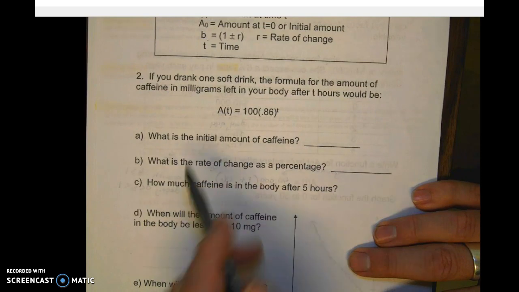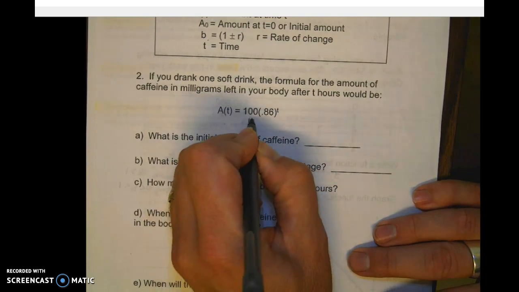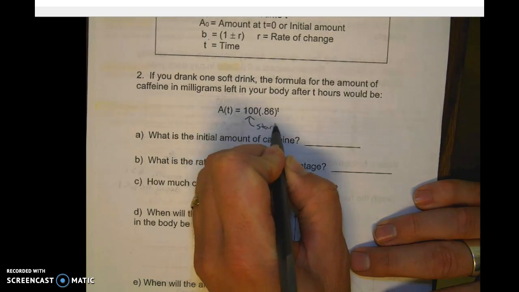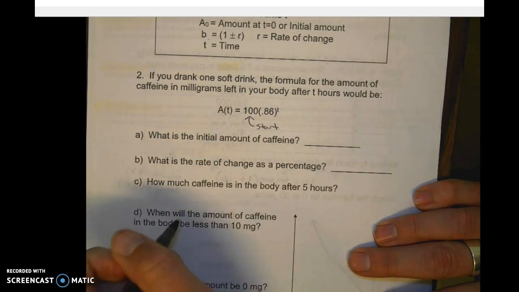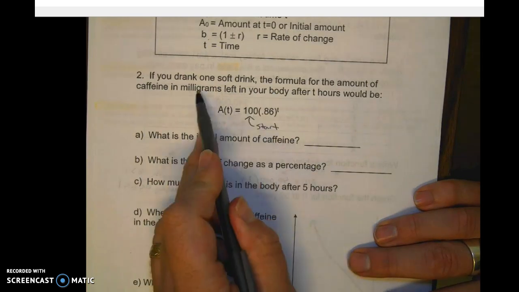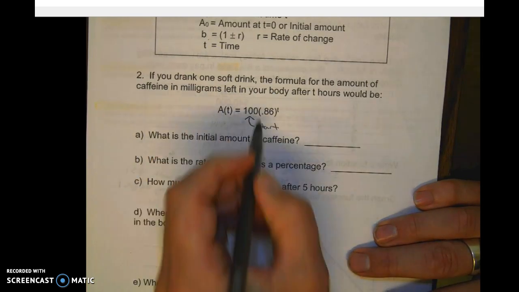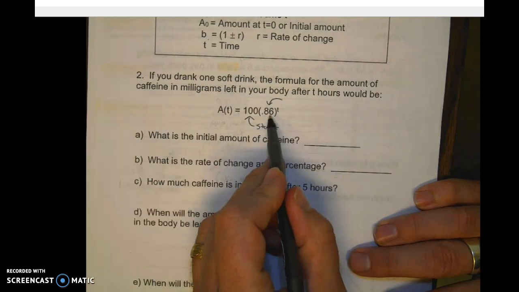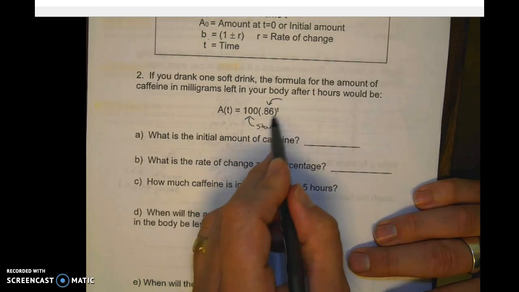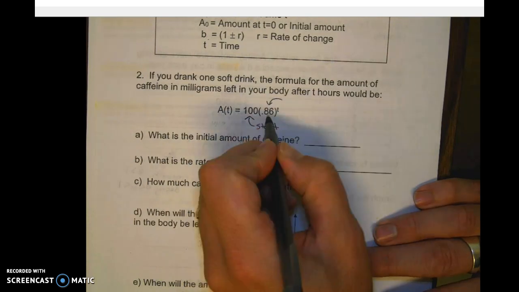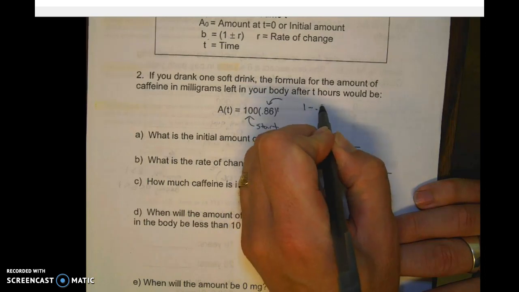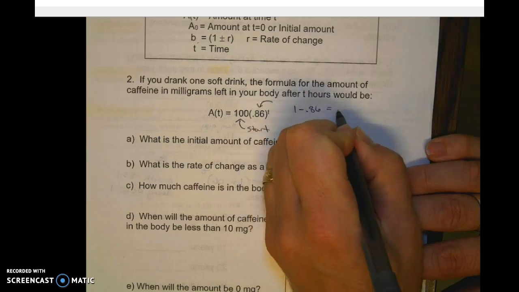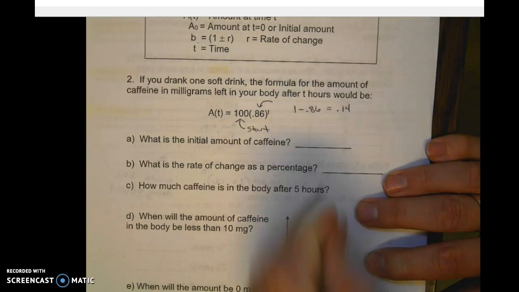So in this example, here is our initial amount. So we start with 100. And that would be 100 milligrams of caffeine. This here is going to represent our base. So we need to find out how much less than 1 this is. So if we subtract 0.86 from 1, we would get 0.14.